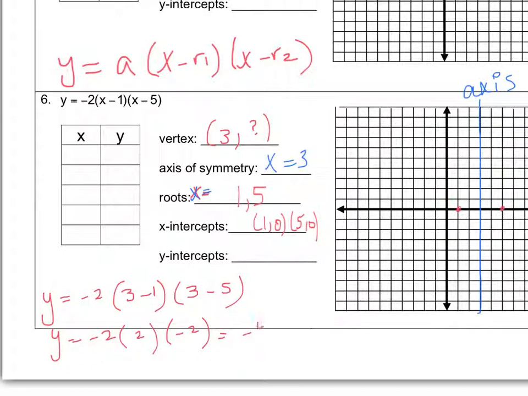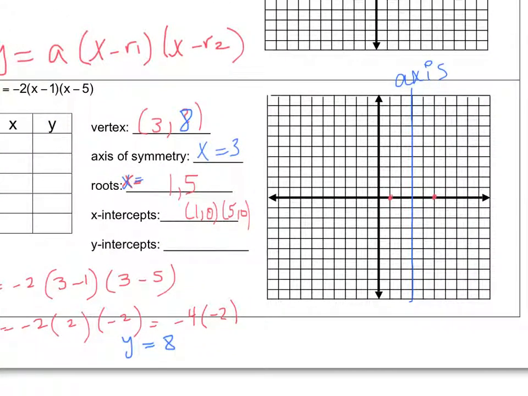If you multiply those together, you're going to get negative 4. So negative 2 times negative 4 is 8. So y is going to be 8. So 3, 8 is going to be my vertex. So 1, 2, 3, 4, 5, 6, 7, 8. That's going to be your vertex.